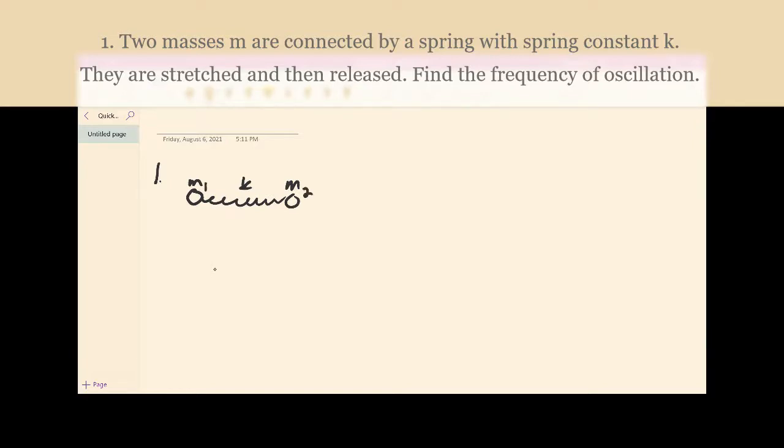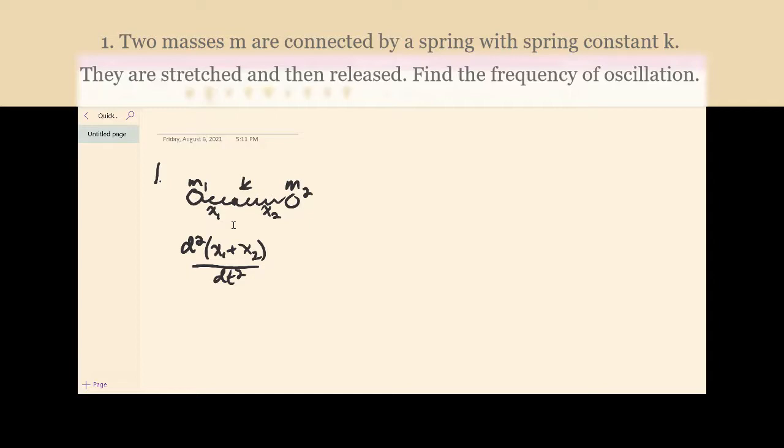So anyway, if we look at the center of mass, which is say somewhere here, and the distances to each separate mass are x1 and x2, then first we want to find d squared (x1 plus x2) over dt squared. Basically, this gives us the acceleration.